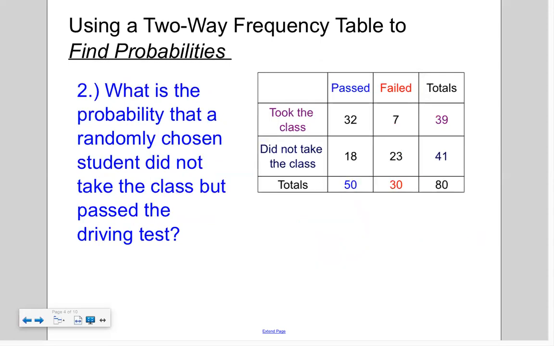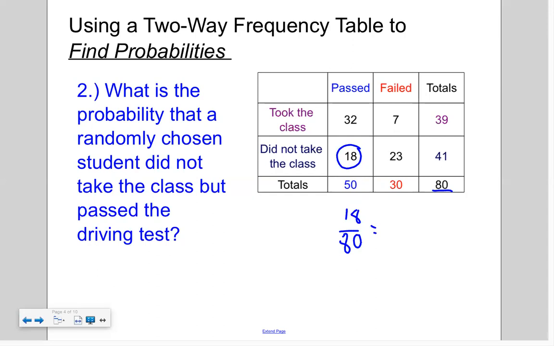What's the probability that a randomly chosen student did not take the class but passed the driving test? Did not take the class and passed. That'd be 18 out of our 80. My recommendation with all probabilities is that you reduce them.